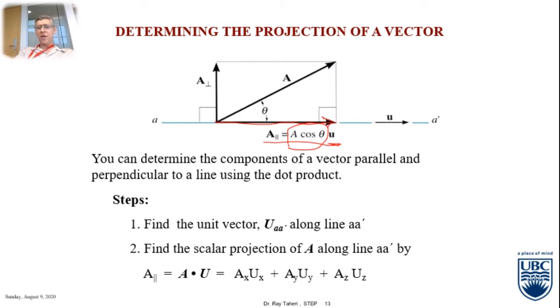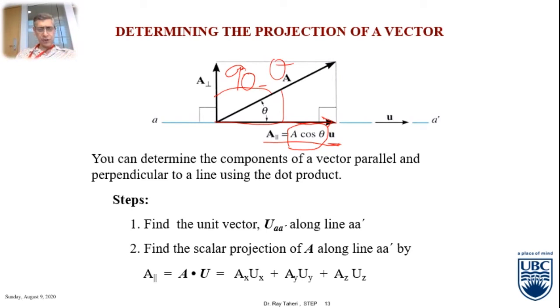The other one would be the perpendicular projection, which deals with the sine of this angle, or the cosine of this angle, which is 90 minus theta. Mostly we deal with the projection.